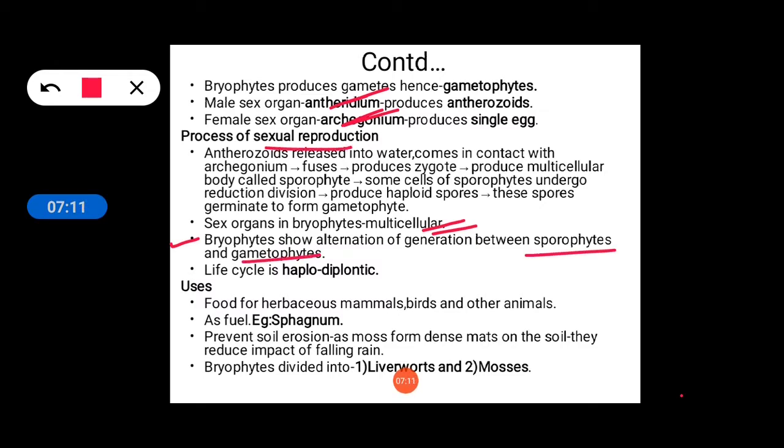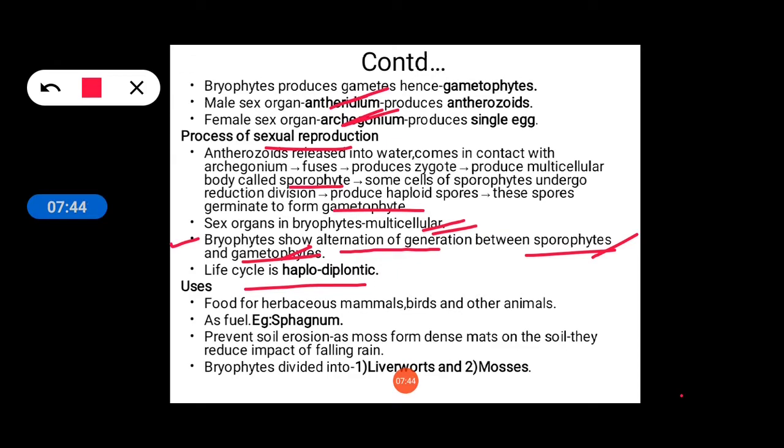So in the process of sexual reproduction, we found that there are two forms: one is the gametophyte and one is the sporophyte. So there comes a term known as alternation of generation between sporophytes and gametophytes. That means the sporophytes and gametophytes alternate with each other to reproduce sexually, and this life cycle is haplodiploidic.